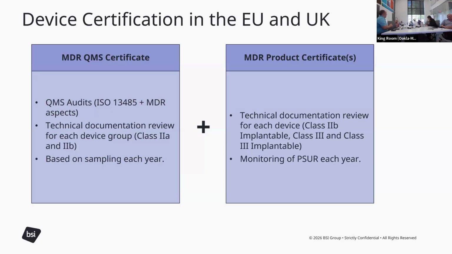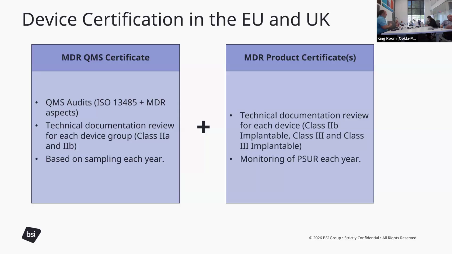And you also have scope to sell groups of devices. And these are your lower classification devices, like a catheter that doesn't touch the heart would be a class 2A device. So you can sell groups of these types of devices, and it's done more on a sampling basis. So we would look at files from these devices every year, and you get that certification.